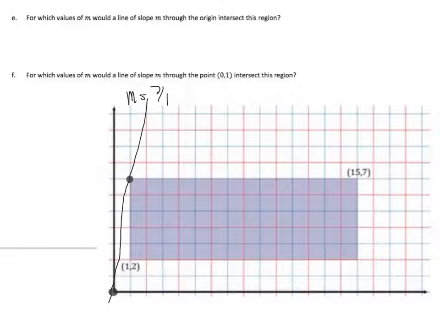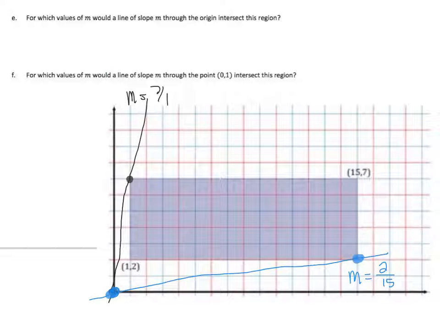And let's do the furthest away. So it'd have to pass through here and there. This is a slope of rise of 2, run of 15.